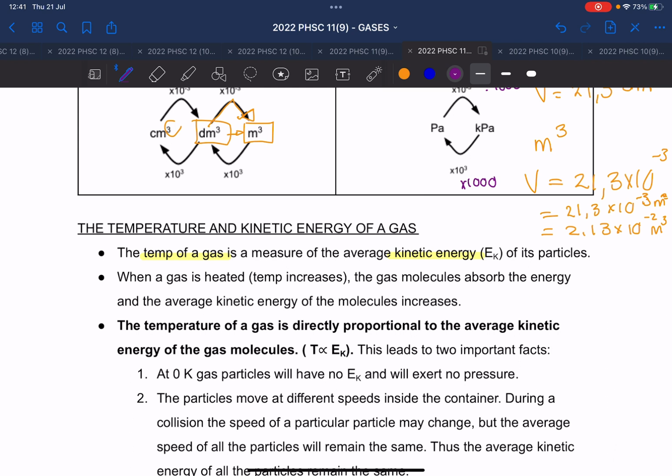If the temperature increases, the kinetic energy increases. So when a gas is heated, the gas molecules absorb the energy and the average kinetic energy increases. We can also say that the temperature of a gas is directly proportional to the average kinetic energy.